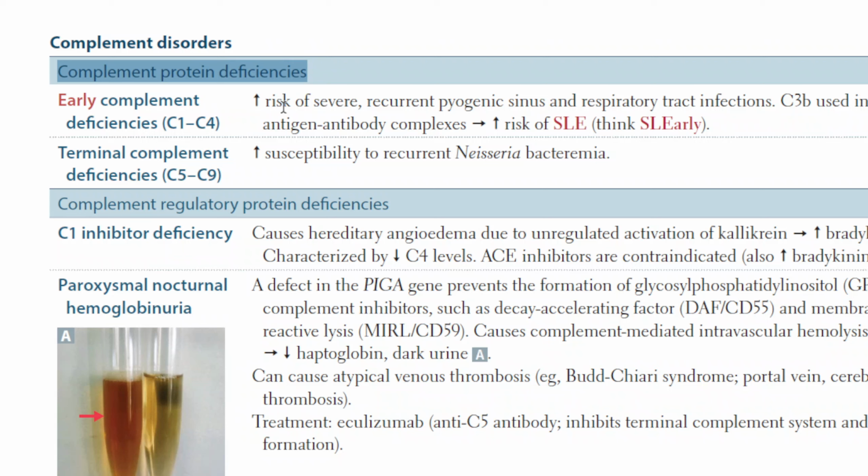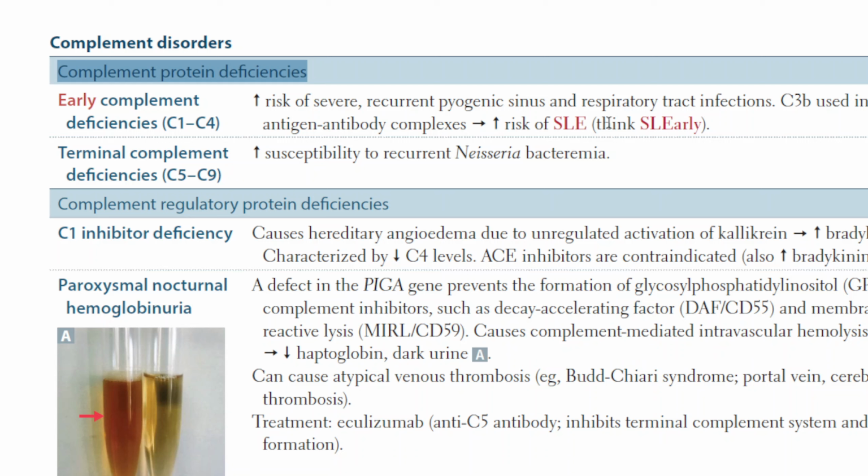There's going to be a high risk of severe, recurrent pyogenic sinus and respiratory tract infection. C3b is used in clearance of antigen-antibody complex. That's going to give you a higher risk of systemic lupus erythematosus.